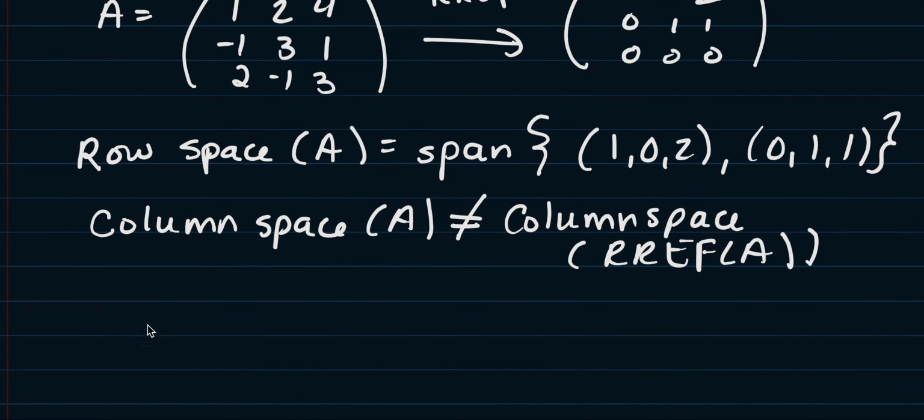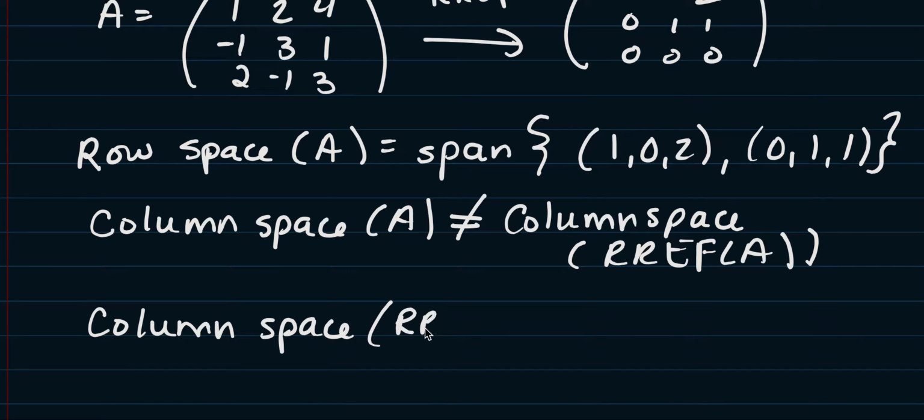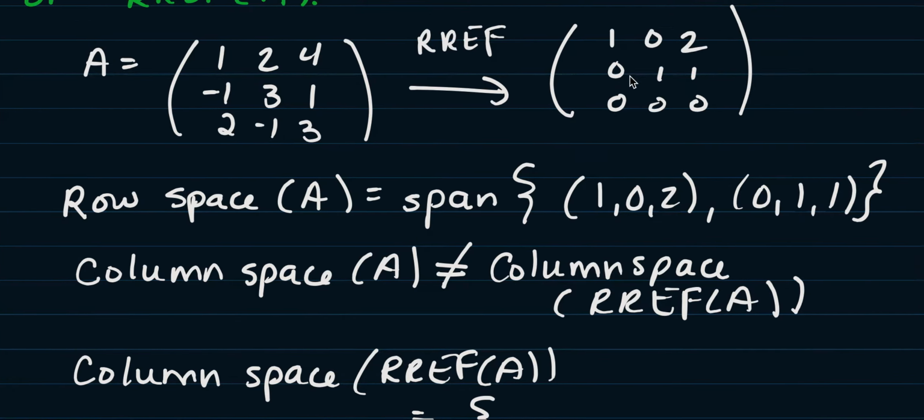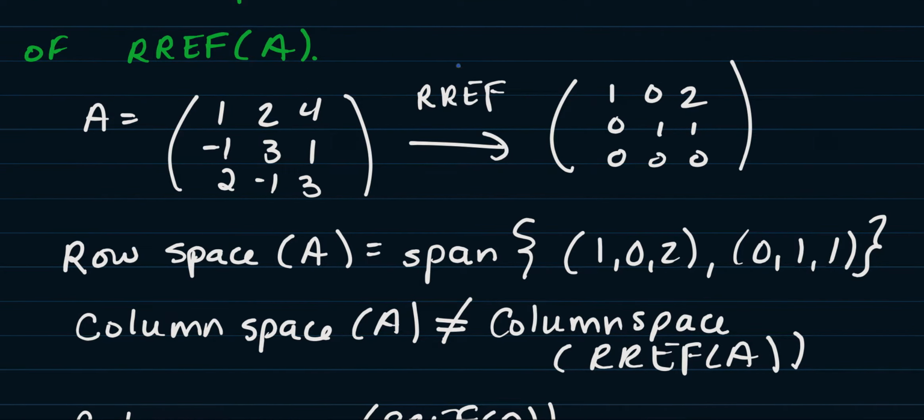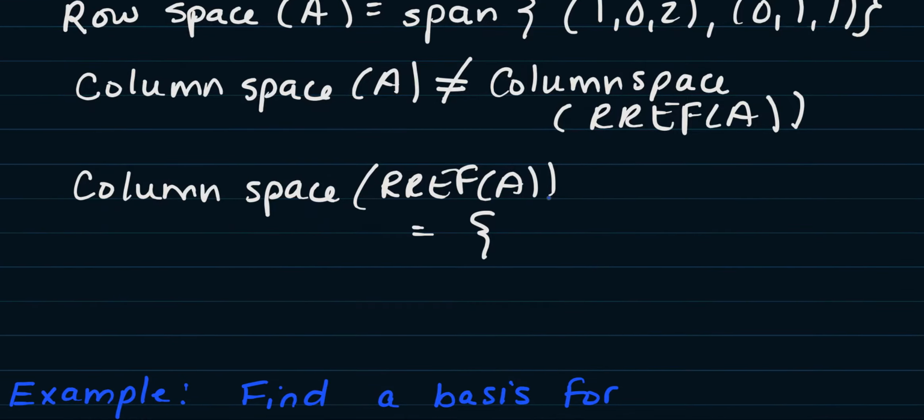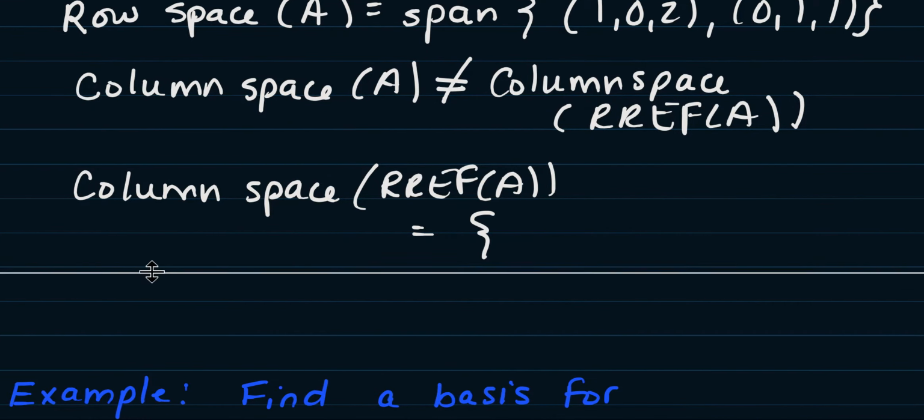The column space of the reduced row echelon form, well, you can see we have these vectors here. Column space is the span of the columns, 1, 0, 0, 0, 1, 0, 2, 1, 0. So let's put that here.